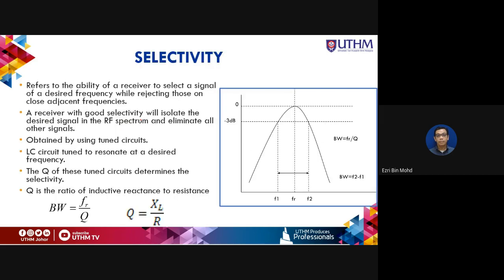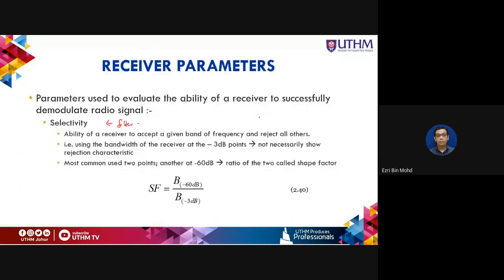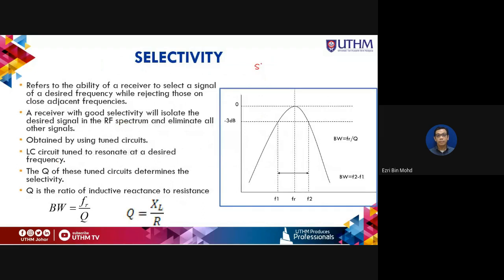Here is an example, right? The selectivity or shape factor is calculated by finding the bandwidth at minus 3 dB divided by the bandwidth at minus 60 dB response.